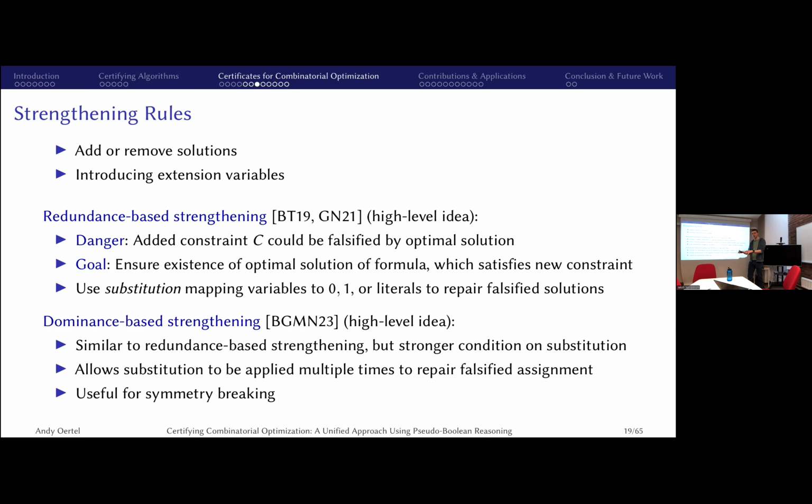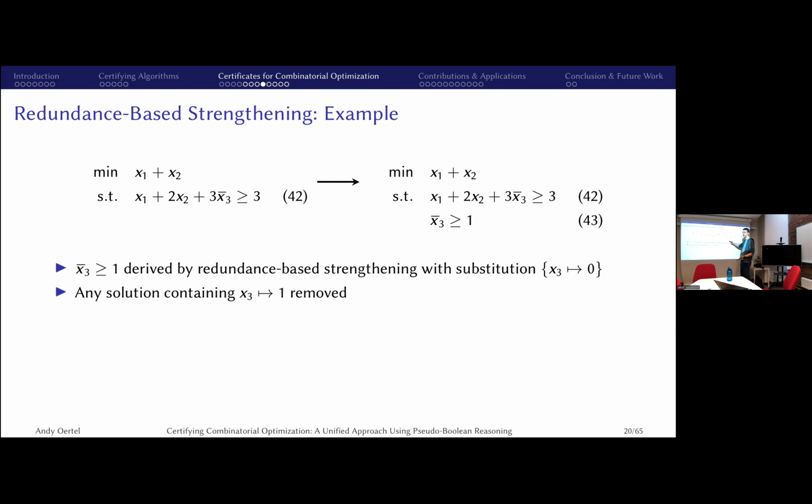Adding this constraint removes all solutions where x3 would be 1, because this only allows x3 to be 0. And then what the substitution says is that, without loss of generality, any solution where x3 maps to 1, you can set x3 to 0.